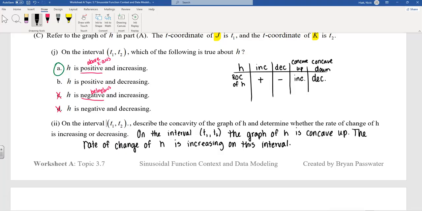So if you get concave up, you have to get increasing, right? Concave up always goes with increasing. If you get concave down, the rate of change of h is decreasing. That's always going to be the case. You won't see it be anything other than that.